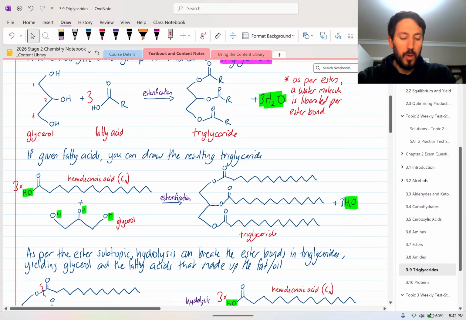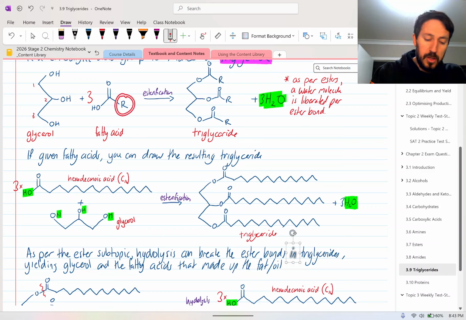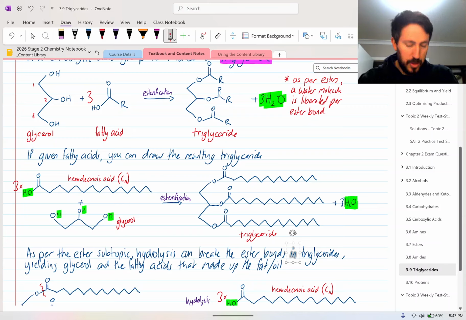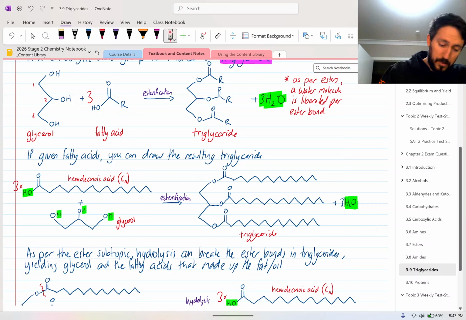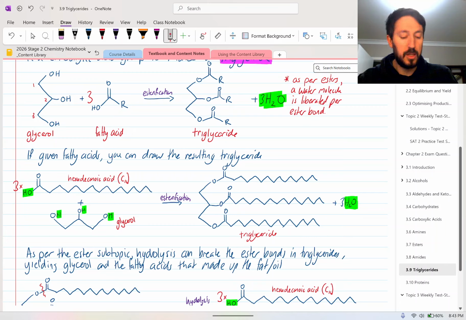Now, what you'll need to be able to do is, if you're given the specific fatty acid with the specific R group, for example, down here we have hexadecanoic acid, which has 16 carbons in it, combine it with glycerol to make the resulting triglyceride. So in this case, we have our glycerol and 3 of our hexadecanoic acids.